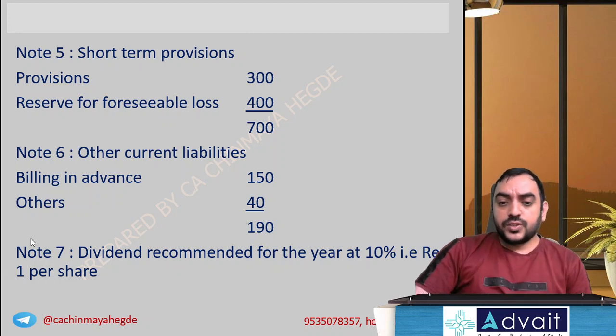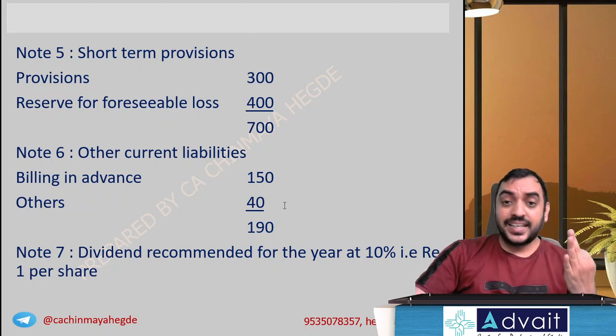Okay. So these are the different notes to accounts. Let's prepare the balance sheet, a P&L, and a statement of changes in equity.